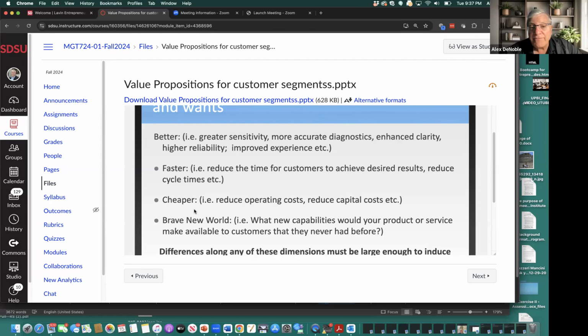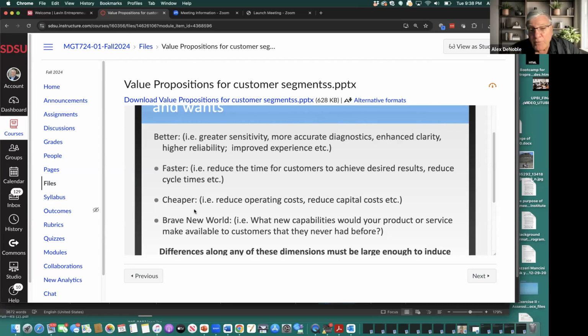Then, of course, there's Brave New World. What new capabilities would your product or service make available to your customers that they never even knew they had before? Think of the iPad when it was first introduced, or cameras on phones. Those were brave new world when they were first introduced.